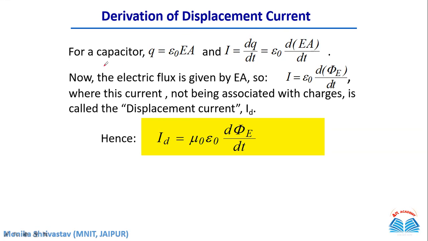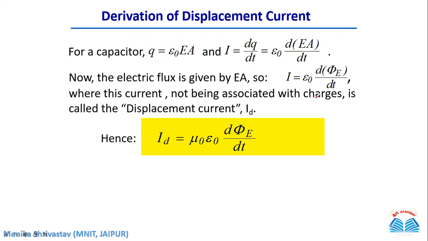So for a capacitor, we know Q equals epsilon naught EA, and we know I equals dQ over dt. Just put the value of Q here. We are getting this one. Now the electric flux is given by E dot A. You know that phi equals electric field into area. So instead of this E dot A, we can put phi E. Where this current is not associated with charges, it is called displacement current.